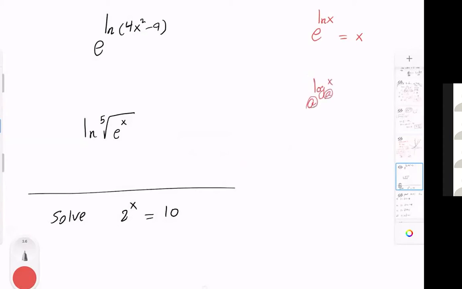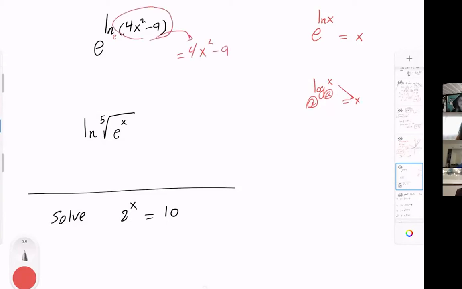If these two are the same, this will pop up. I put x, but it can be anything. So this is an invisible e, so the answer will be 4x squared minus 9. This goes over here, and all of them cancel.